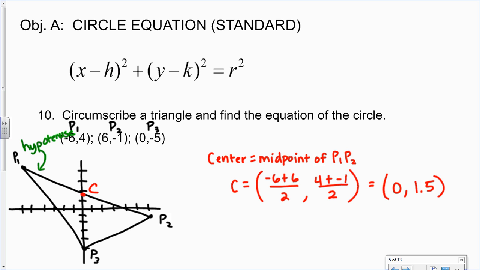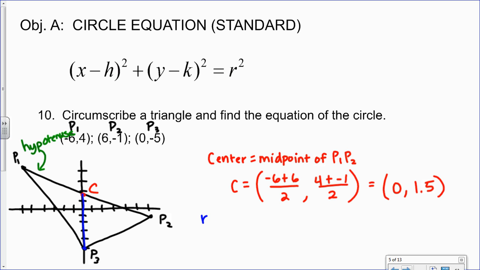The easiest one to check is this one, because if you have a horizontal or vertical distance, you can just count units and you don't have to do the distance formula. This is at 1.5, so if I count down 1, 2, 3, 4, 5, 6 and a half, I should be getting 6.5 for my radius.